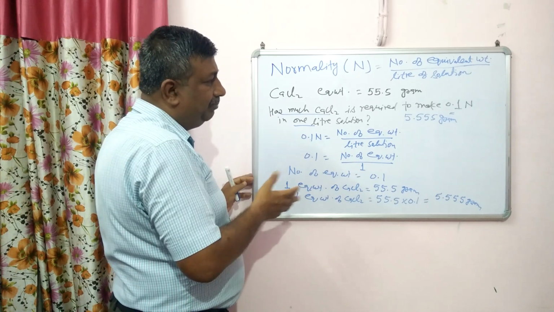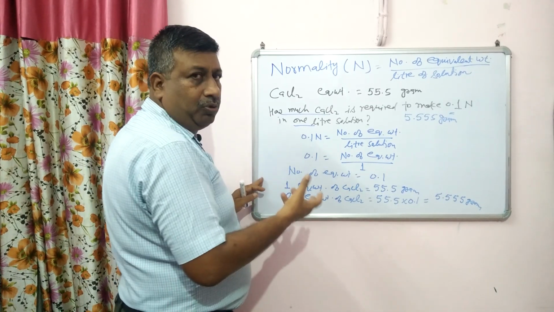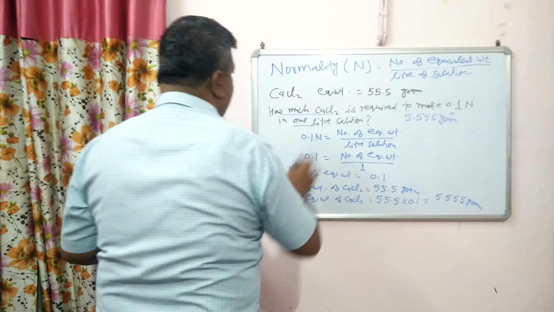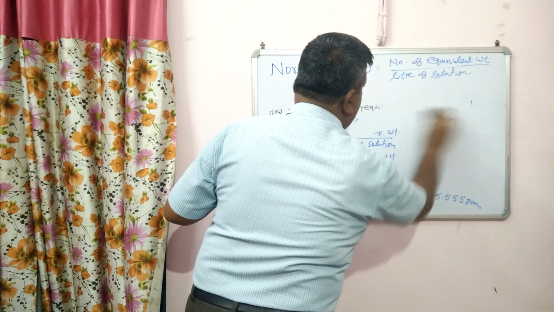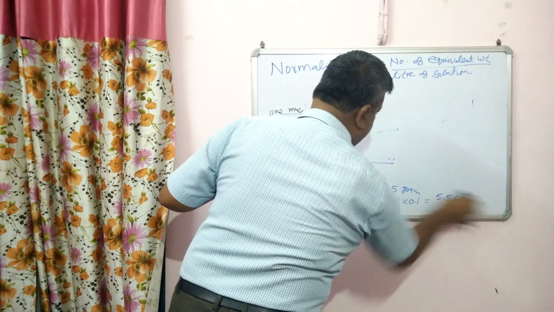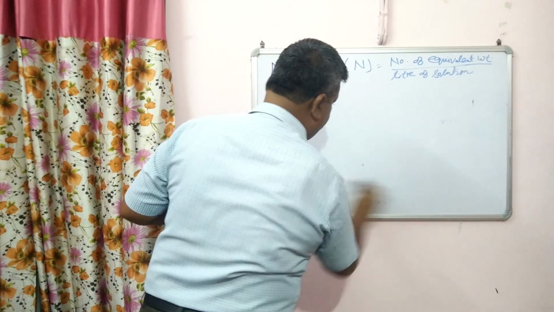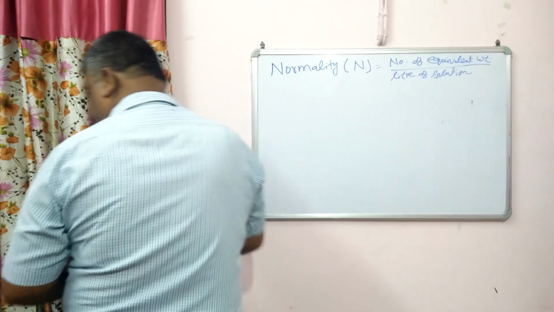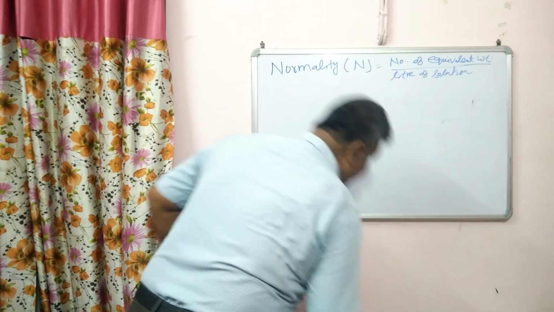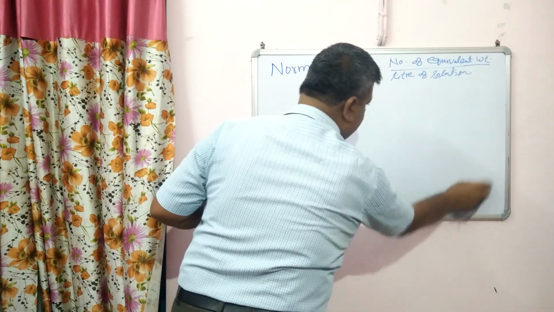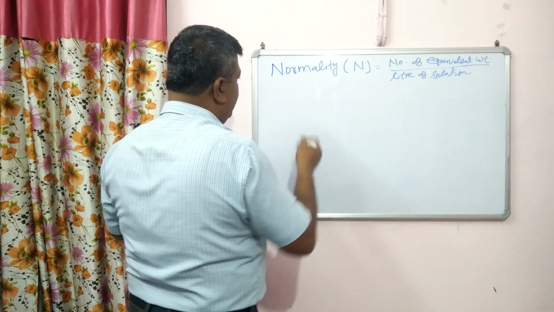So in examination it may be asked about the quantity, and the simple formula for the normality calculation may be used. You can use this formula to calculate the amount of the substance in a normality solution.